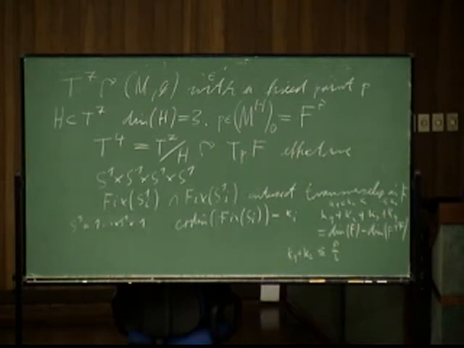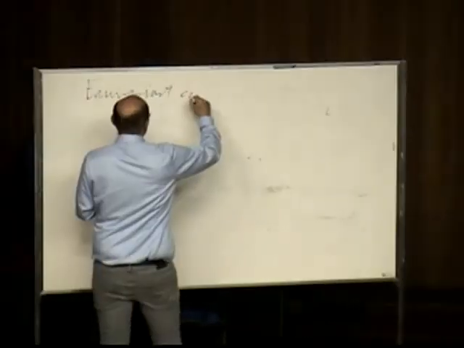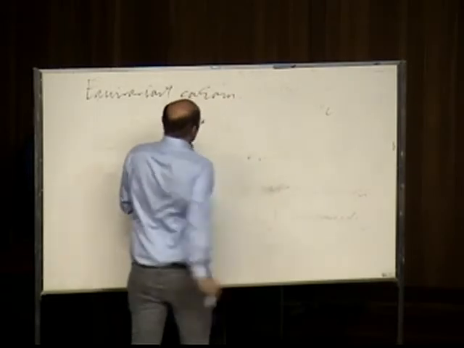Once you have 4-periodic, you're still not quite done. You still need to work a bit after that, and the main tool there is equivariant cohomology.